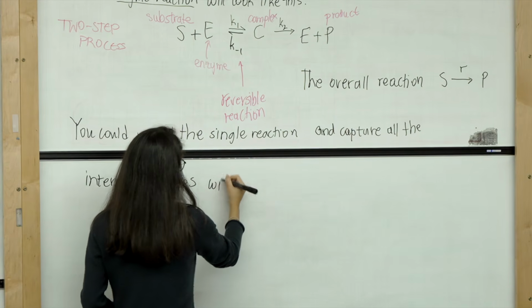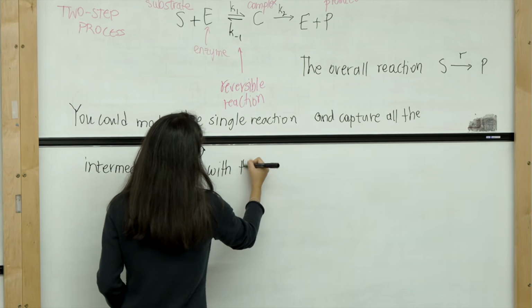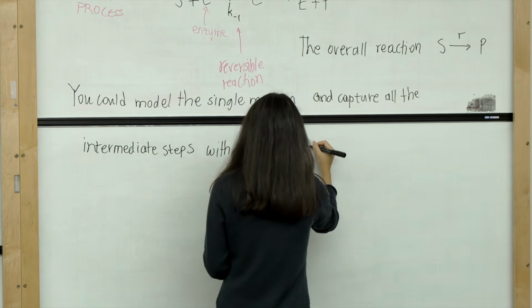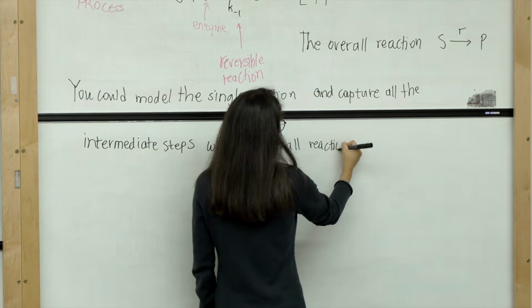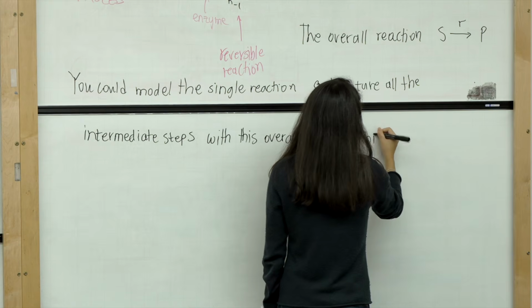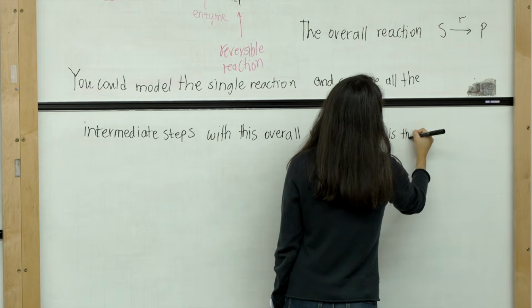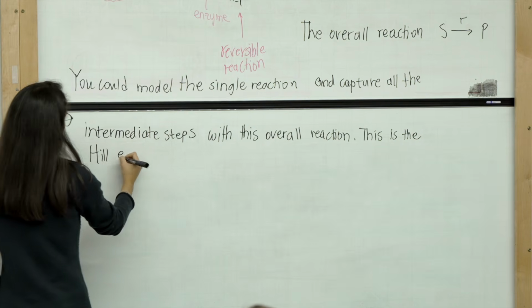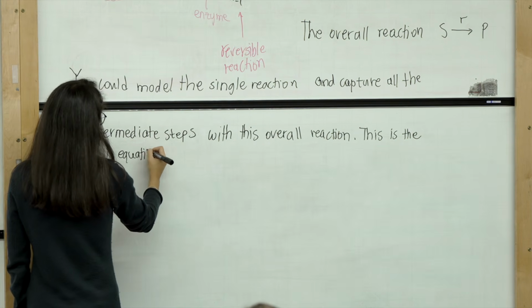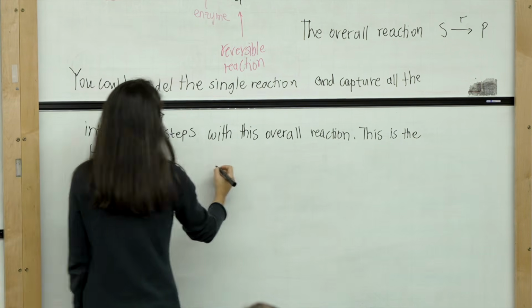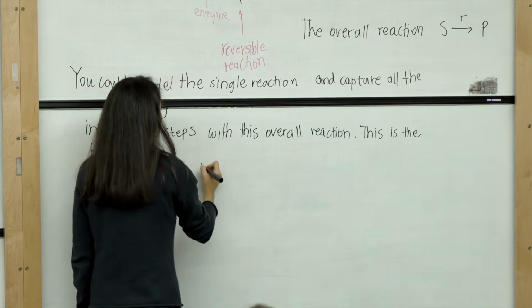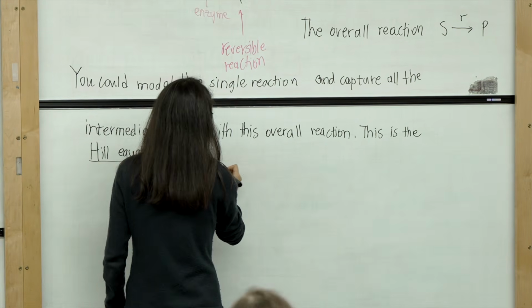with this overall reaction. This has a name. This is what is known as the Hill equation. And will also come up later today again. So now I will use this overall rate R, and I'm going to write it as a function of the substrate.